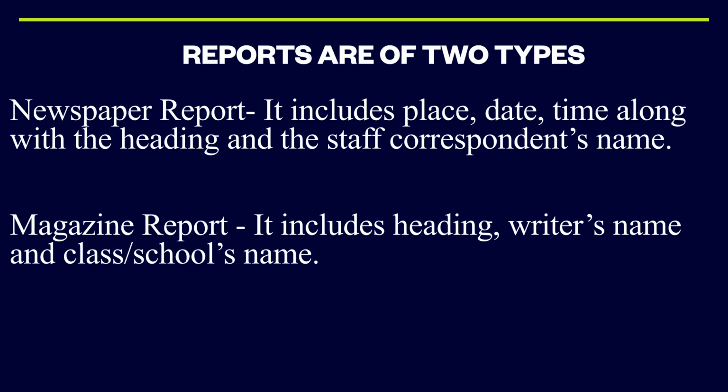In your question, if the designation of the writer is given, that could also be mentioned. Now let us go ahead and look at the format of both the reports and understand it in a better way.